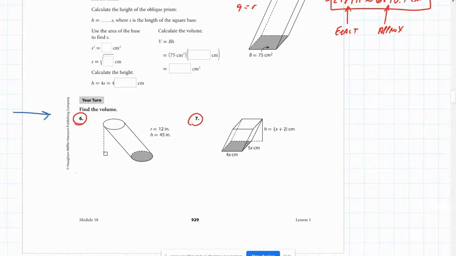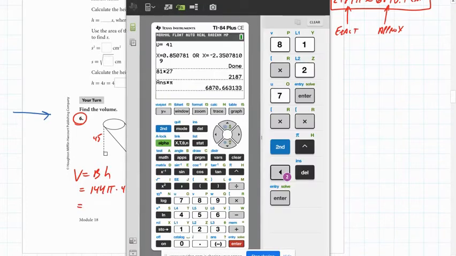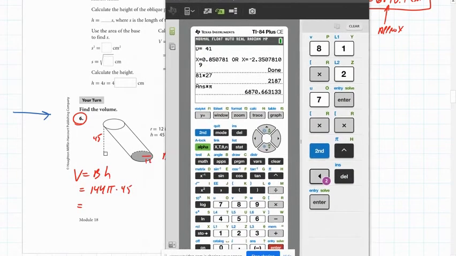For problem number 6, our volume is our base area times our height. Since this is a circle with a radius of 12, the base area is going to be pi r squared, so pi times 12 squared. Our base area is 144 pi. Our height is given as 45, so times 45. So we're going to have 144 times 45.